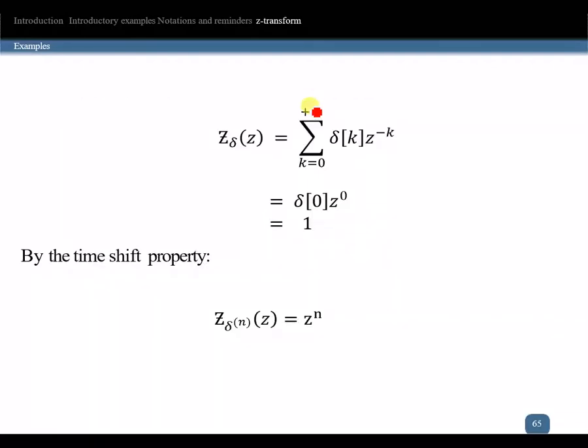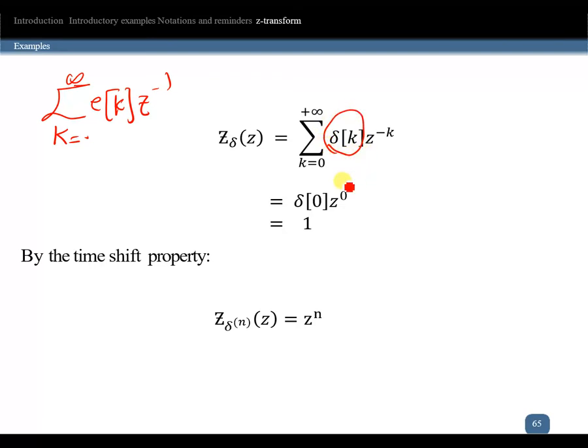How can I find the Z transform of the Dirac signal? You put it in the definition of the Z transform, which is the sum of x[k] z^-k, k from 0 to infinity. My signal here is a Dirac. If you know the Dirac, only at 0 does it have a value, the rest will be 0.